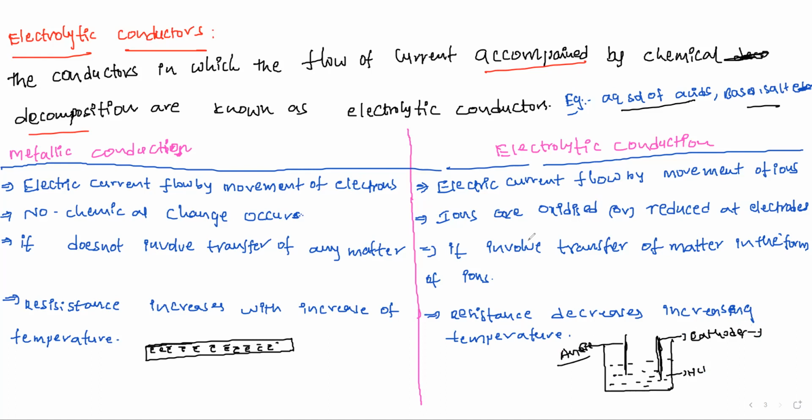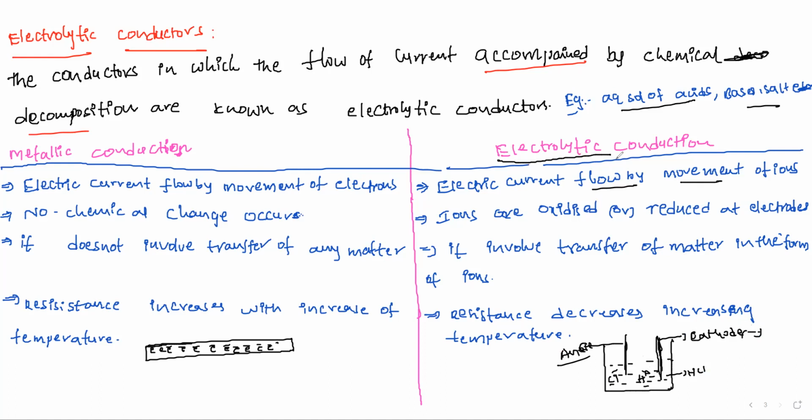Yes or no? So here electric current flows by movement of ions. The ions migrate in the solution and help the current pass through the solution. That's why this is called electrolytic conduction.